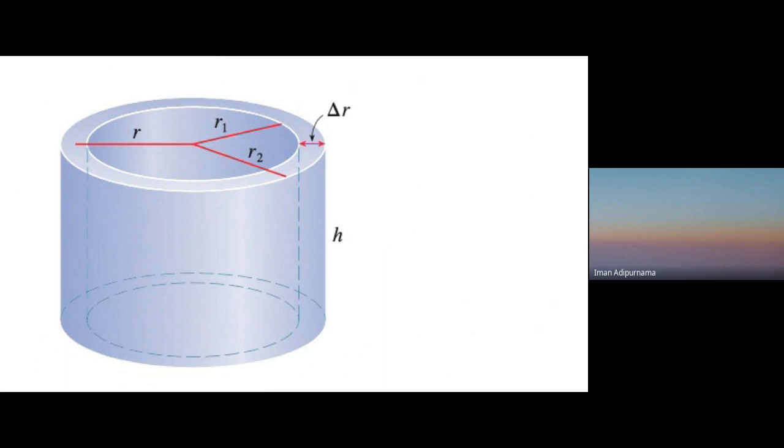Let's say we have the cylinder with height h, and of course we have the thickness. Let's say the thickness is delta r. And we have two different radii: the outer radius, r2, and the inner radius, r1.